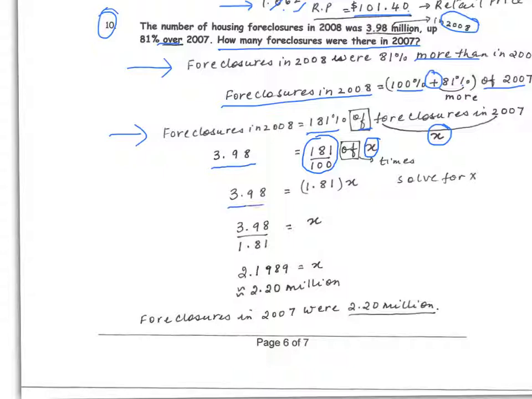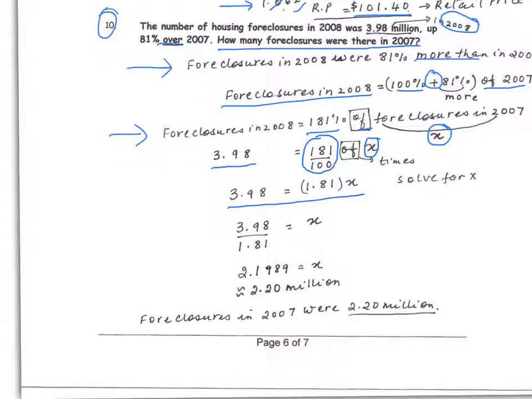So we get the equation 3.98 equals 1.81 times X. Now we need to solve for X because X is the quantity we're interested in. X is the number of foreclosures in 2007.